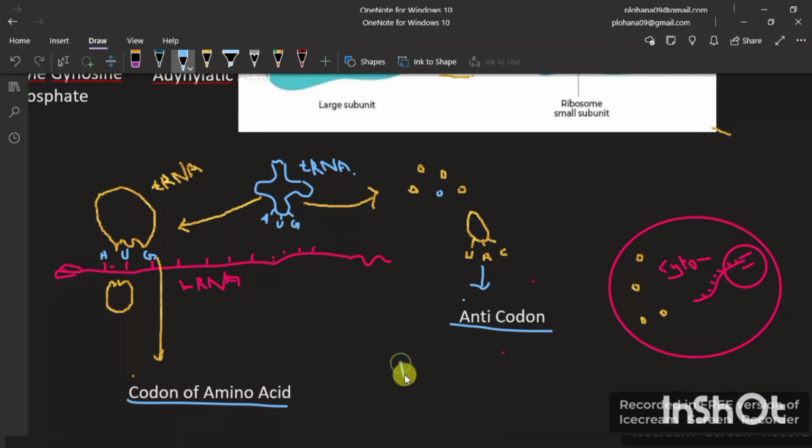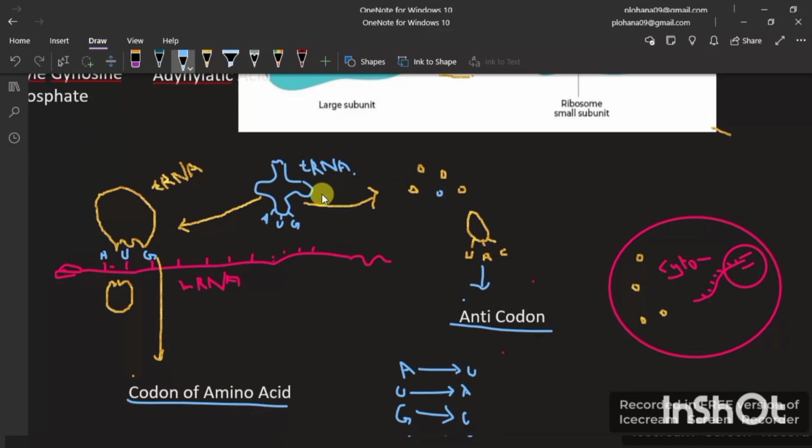Because we know that adenine will be making pair with uracil, then uracil will be making pair with adenine, then last, guanine, which will make pair with what? Cytosine. So here is the anticodon.